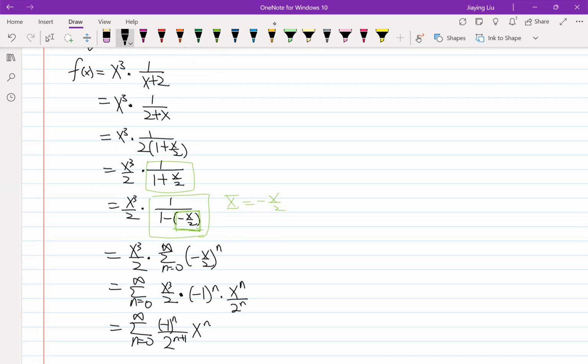That's x to the n plus 3. And this is the final answer that we're looking for. That's the power series representation for x cubed divided by x plus 2.